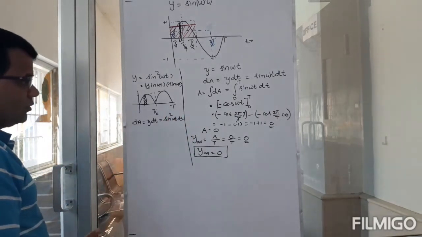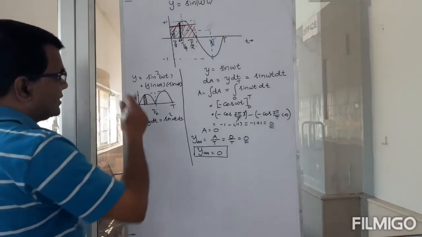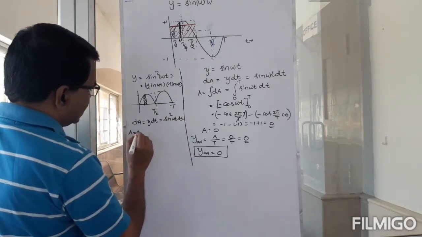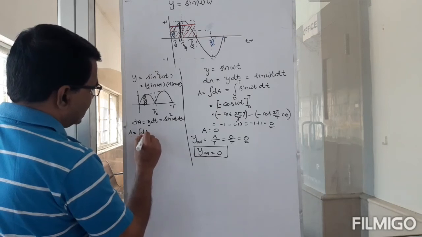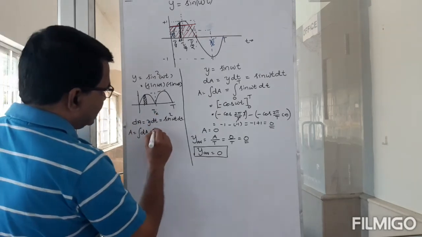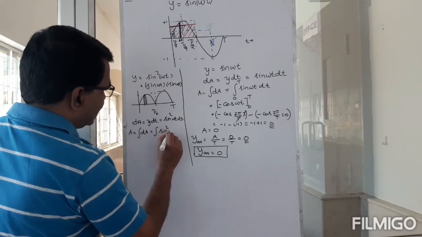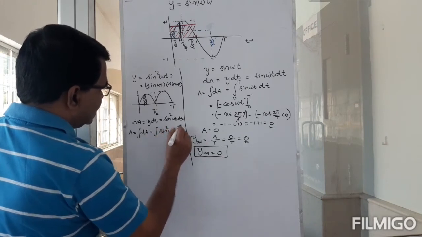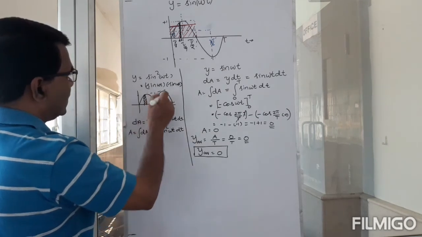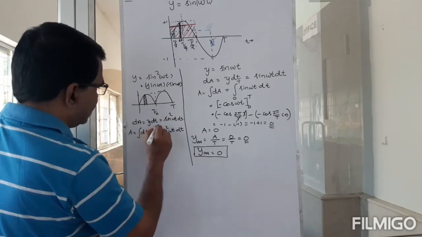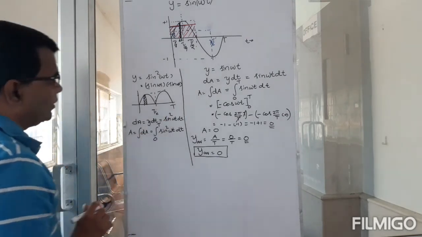And what should I do now? I need to integrate over the entire period, right? So the actual area is equal to the integral of that small area. So that would give me the integral of sine squared omega t dt. I'm going to start from 0 and then go the full cycle. So 0 to T. So that's what I will do now.